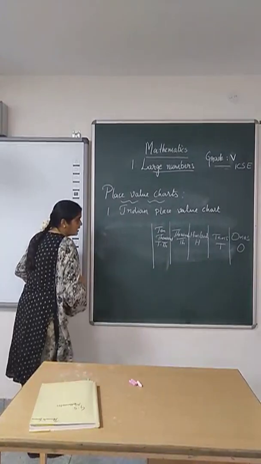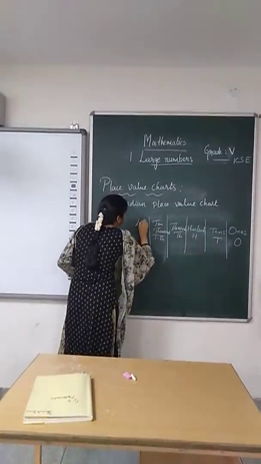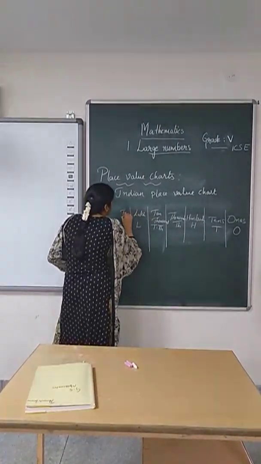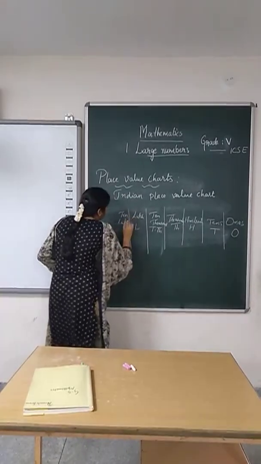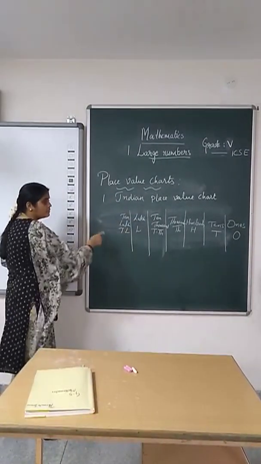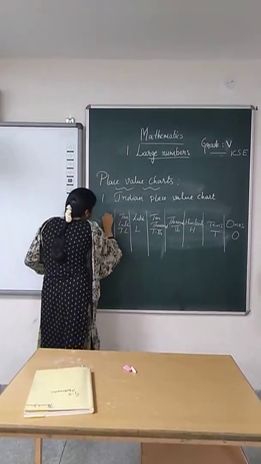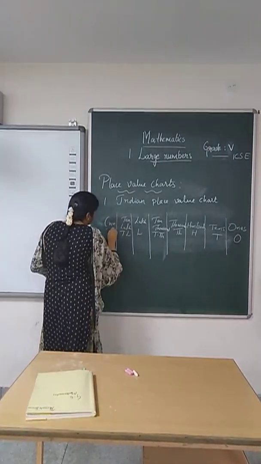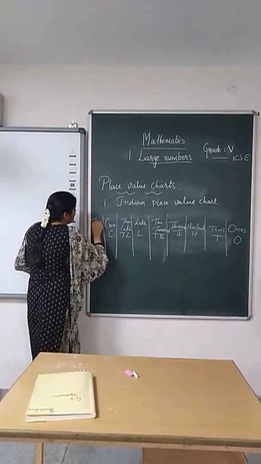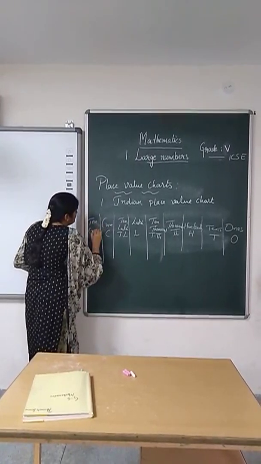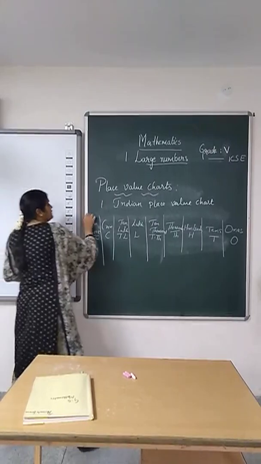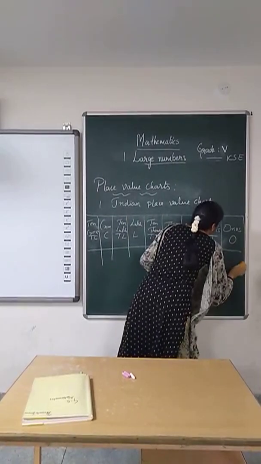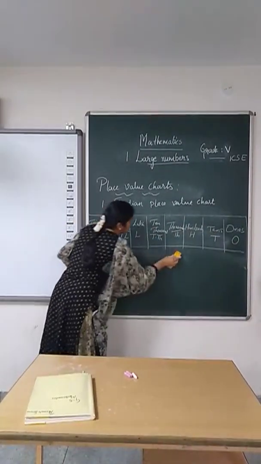This is for 10,000, lakhs, lakh, crore, that is capital C, and 10 crore, that is T and C. See, when you observe, this is how the place value chart pattern goes on in the Indian place value system of numeration.